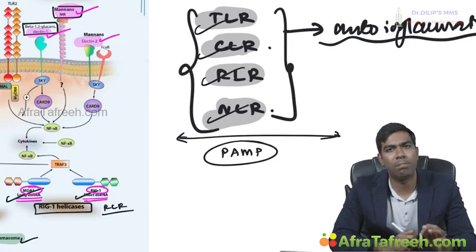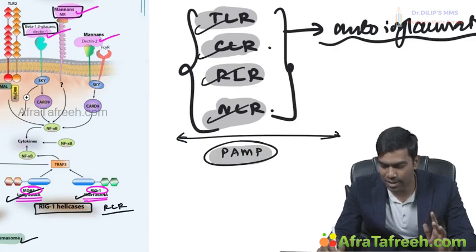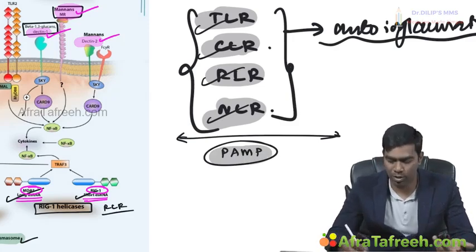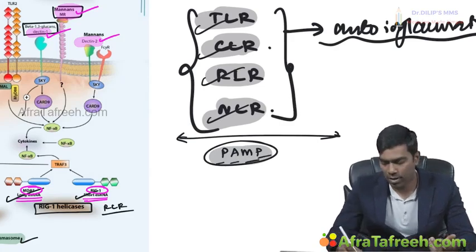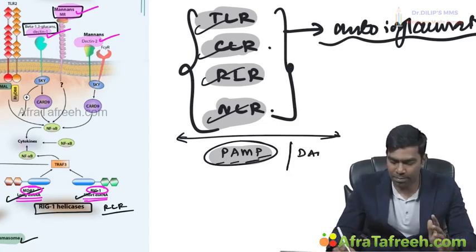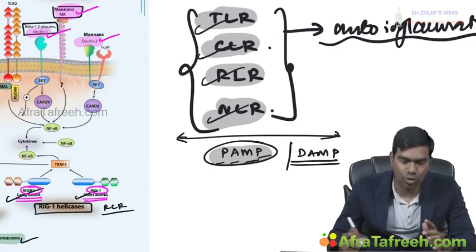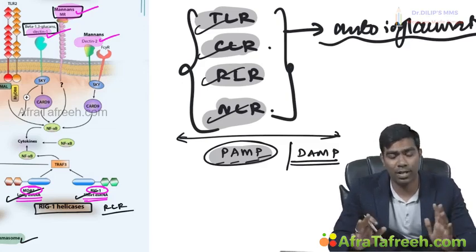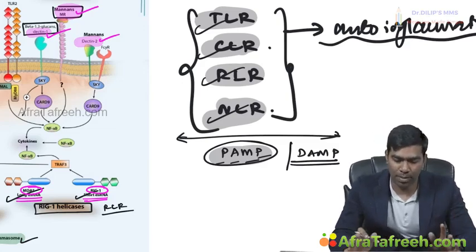These are nothing but pathogen-associated molecular patterns. What they really sense is the molecular patterns associated with pathogens. But they can also sense one more entity called DAMP, which is damage-associated molecular pattern.